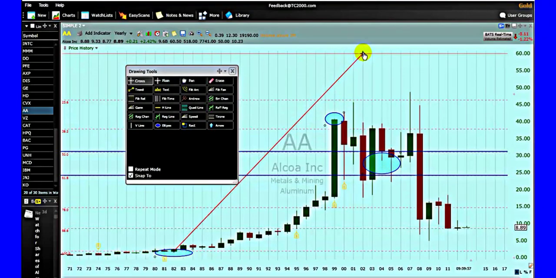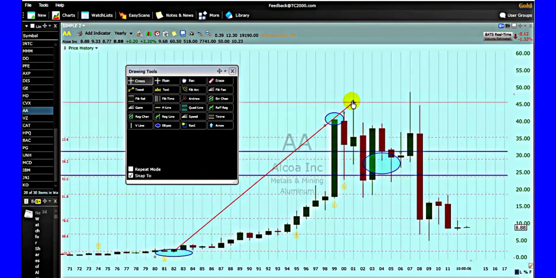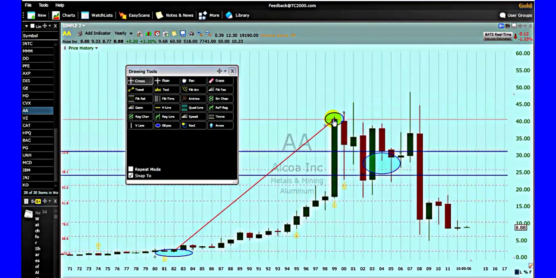But when I'm drawing a line, I stop here at the closing price. I'm discounting the wick at the top. You can try to go into the mind of other traders to know what they are looking at, but I'm drawing mine just to the closing price, ignoring the wick here, because price went down but closed somewhere here.